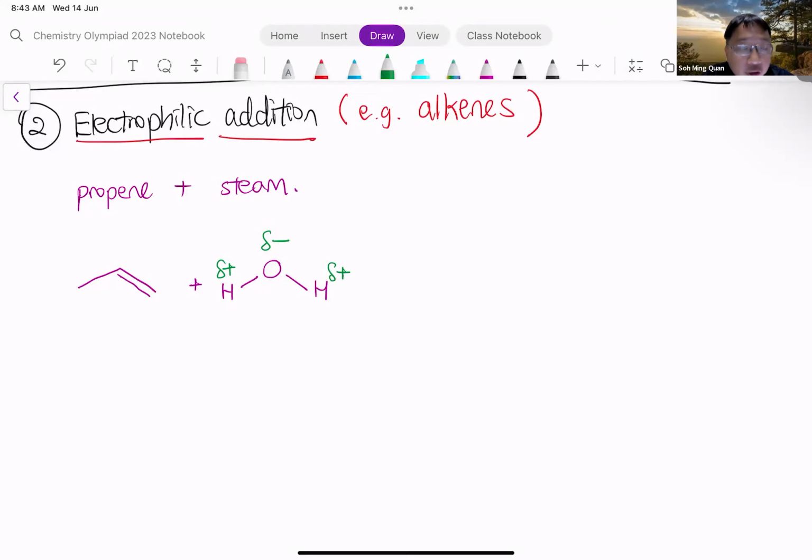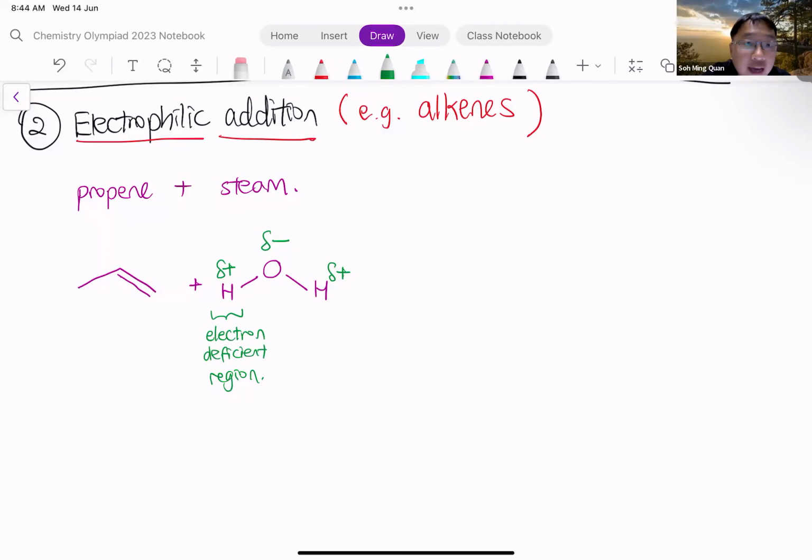So what does this mean? This means that hydrogen probably wants some electrons, because oxygen has already attracted the shared pair towards itself. Hydrogen is somewhat electron deficient. So we call this an electron deficient region.